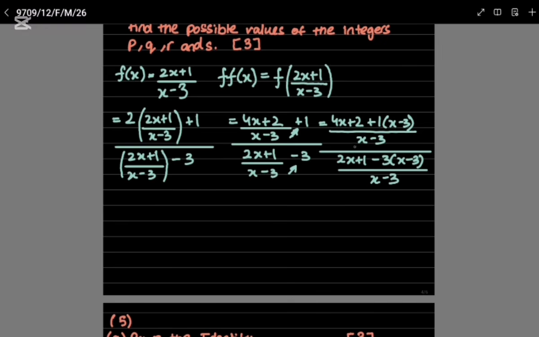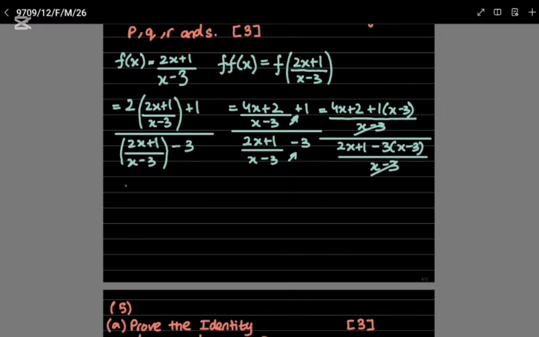Now what we can do is just cancel out the x minus 3's up and below. Now simplify the expression again, 4x plus 2 plus x minus 3 over 2x plus 1 minus 3x plus 9, which gives you 5x minus 3 plus 2 is minus 1 over 2x minus 3x is minus x, 1 plus 9, which is plus 10.